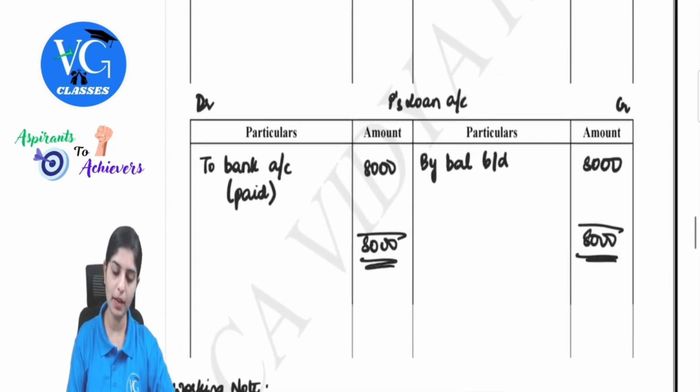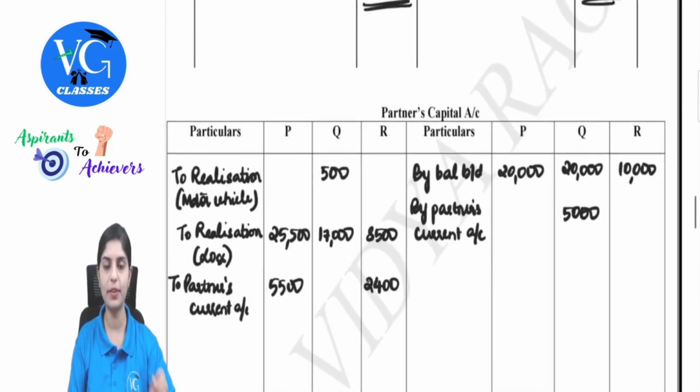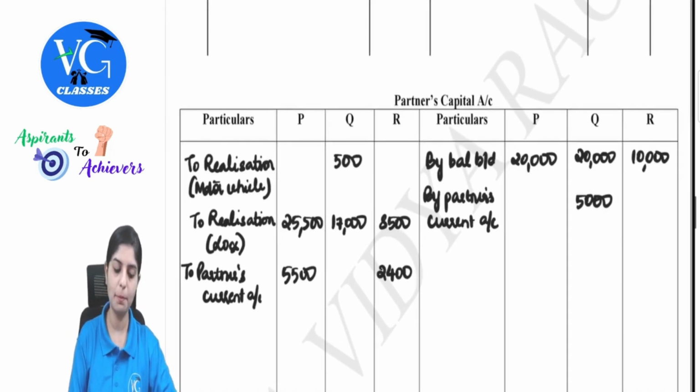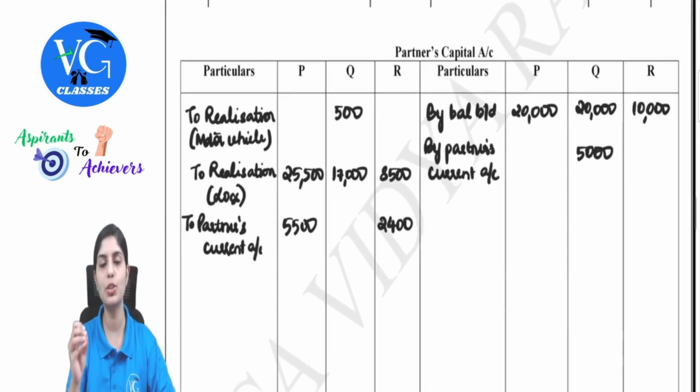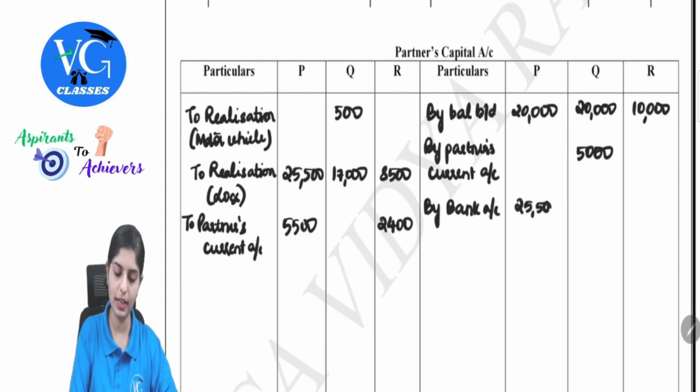So who are the solvent partners? P and Q. So there was a realization loss of 25,500 and 17,000. When they bring in additional capital, what will be the journal entry? Bank account debit to solvent partners' capital account. So first, by bank, 25,500 and 17,000. This is the first step.